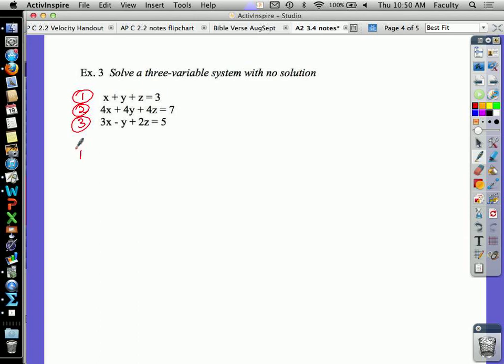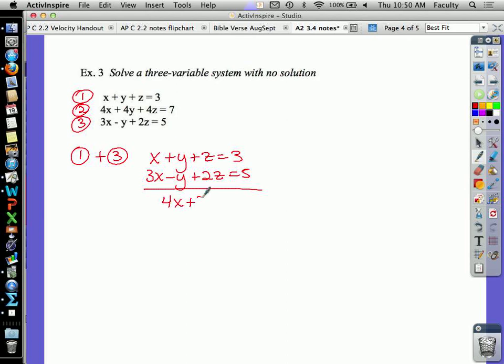Do you see that if I take equation 1 plus equation 3, that's going to eliminate the y right away? So this is 4x plus 3z equals 8. I'm going to put a box around it.